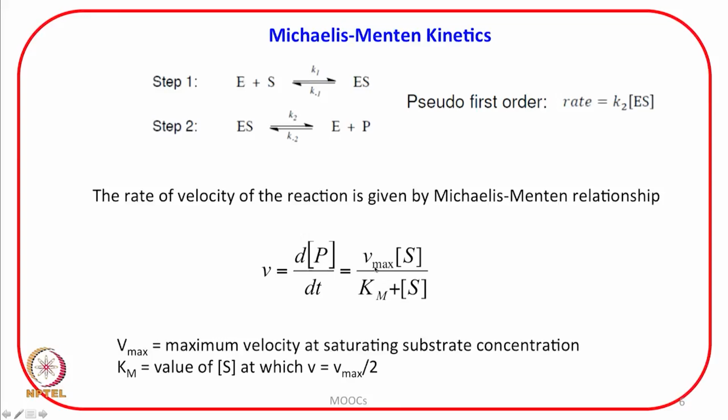Why is this called Vmax? Because the value is maximum when the substrate is very, very large. At that time Km can be ignored and S will cancel and V will be equal to Vmax. Vmax is the maximum velocity at saturating substrate concentration. Km is the value of S at which V is equal to Vmax by 2. This you can judge by doing some little mathematics over here.